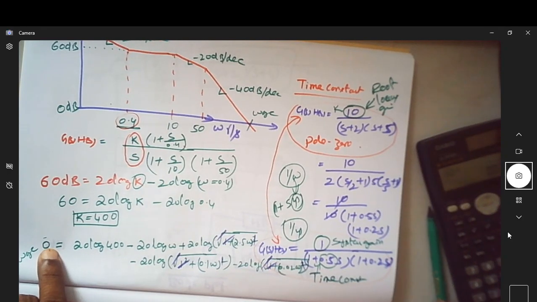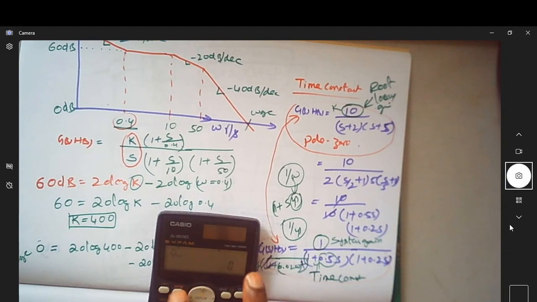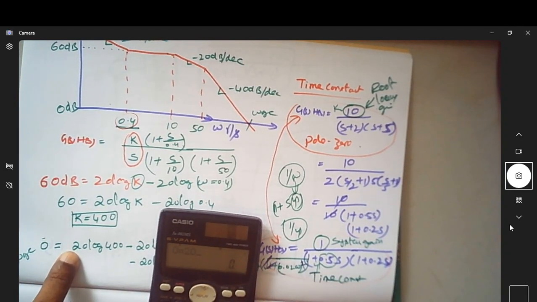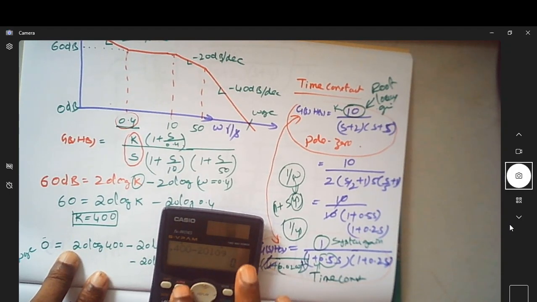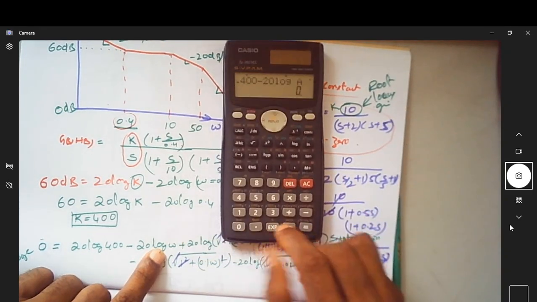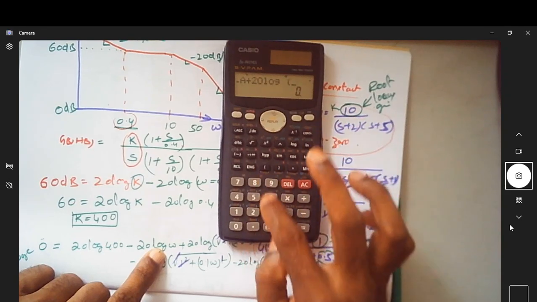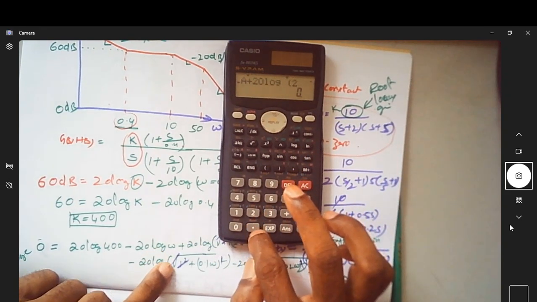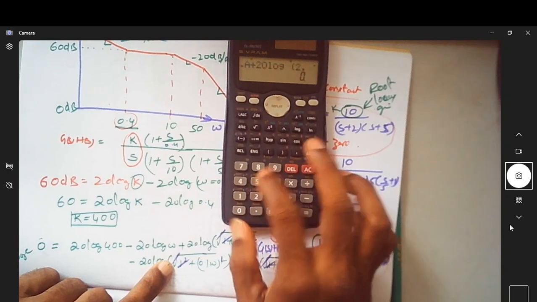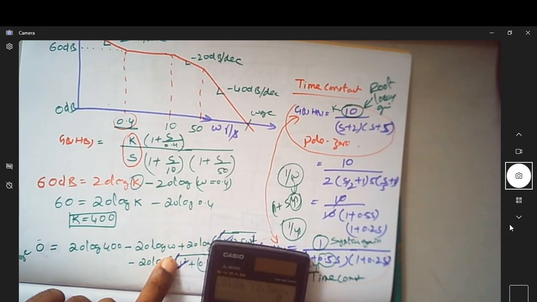I will simply equate 0 equals 20 log 400 minus 20 log omega GC, because this is the parameter you are supposed to find, plus 20 log of 2.5 omega GC, close the parenthesis, because that square and this square root will go off, so it is only this much.